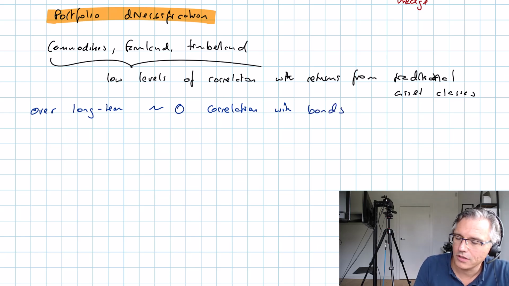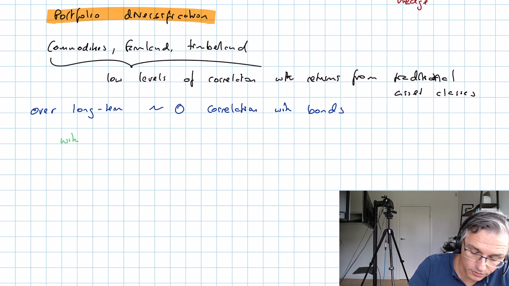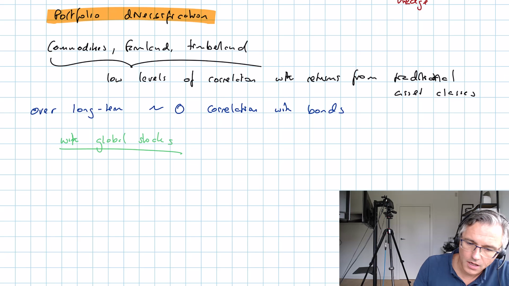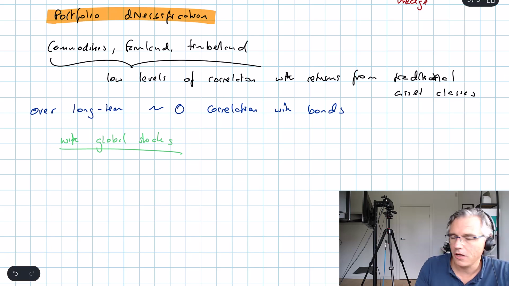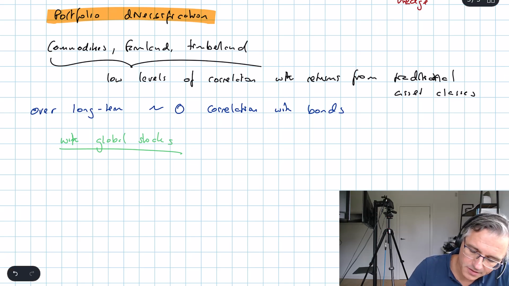Now, what about global stocks? Once again, over the long term, with global stocks, there is going to be a difference. The lowest correlation with global stocks is exhibited by timberland.